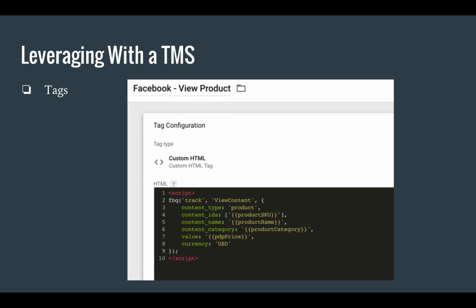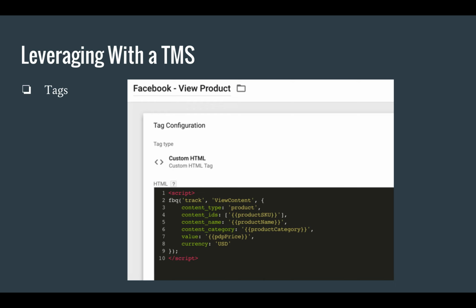One of the things with the new Facebook Pixel is it allows you to fire events for individual users as they complete those events and actions on your website. This is, like I mentioned, the product view. So it's tracking view content, content type product.